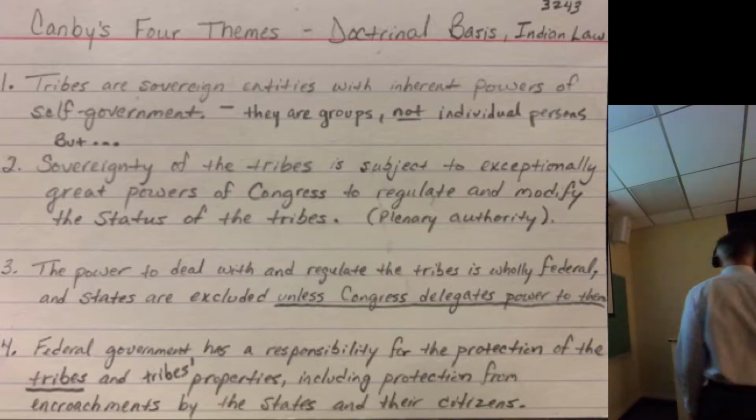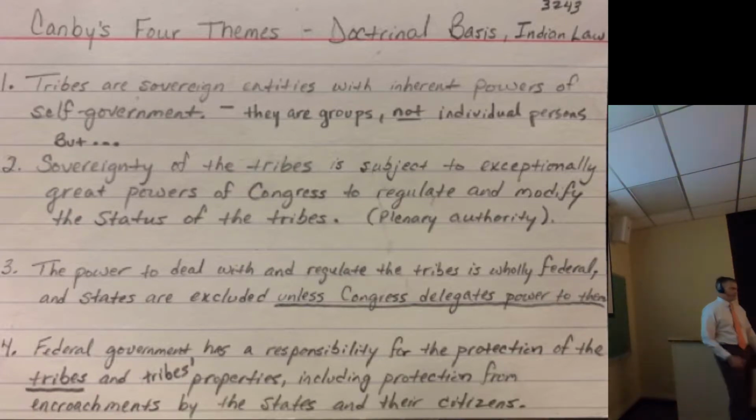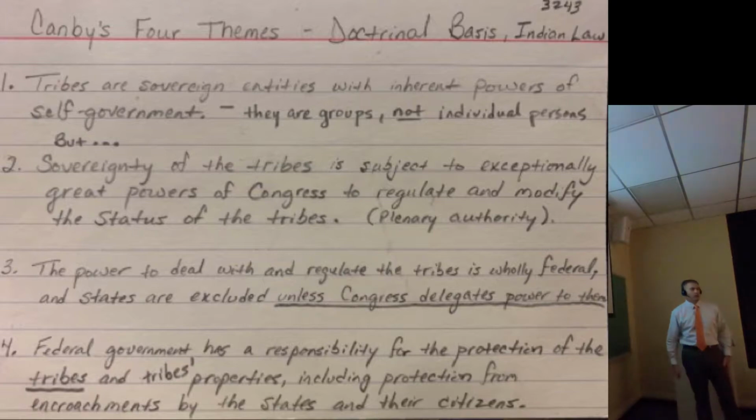And by entities, we just mean they are recognized as legitimate governments, governmental bodies, or political bodies, recognized as sovereign, legitimate political bodies by the United States Congress. Sometimes they lose that status, and Congress will no longer recognize them as such. Okay? So tribes are sovereign entities with inherent powers of self-government. That's basically what sovereignty means for Indian tribes in the United States.